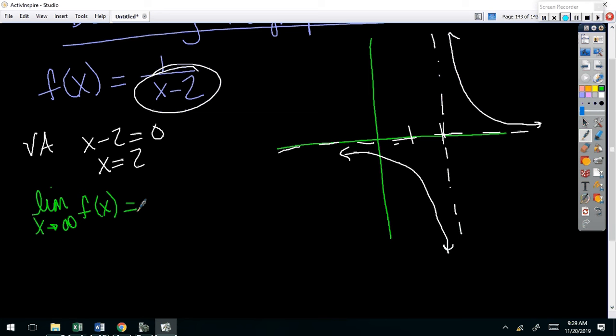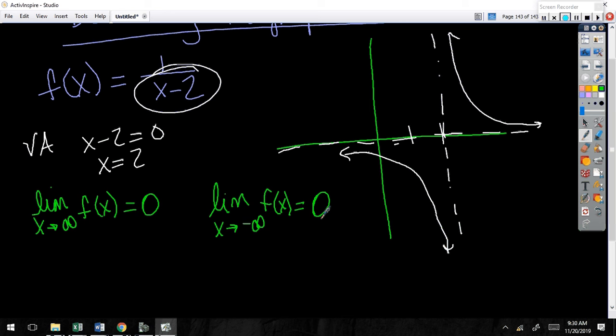As you look to the right, what is the graph doing? It approaches 0. So the limit as x approaches infinity is 0. Do we all agree? What if I look at the other end? What's the limit as x approaches negative infinity? 0 again. Do you see that?